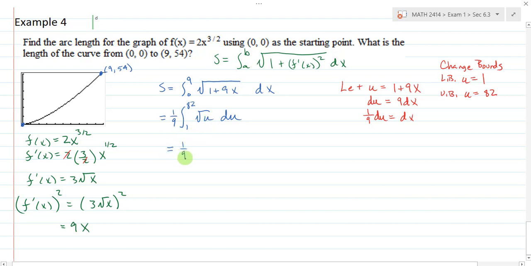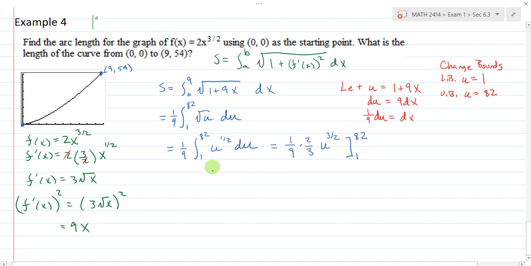So that's going to give us 1/9 times the integral from 1 to 82 of u to the 1/2 power du. To evaluate this integral, I'm going to add 1 to the exponent. So 2/2 plus 1/2 is 3/2. And then dividing by 3/2 is the same thing as multiplying by 2/3, and we evaluate this from 1 to 82.